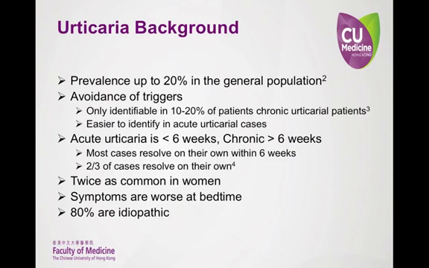Most cases will resolve on their own, and they do so within 6 weeks. So, urticaria that has been going on for less than 6 weeks is categorized as acute, and urticaria lasting longer than 6 weeks is chronic.